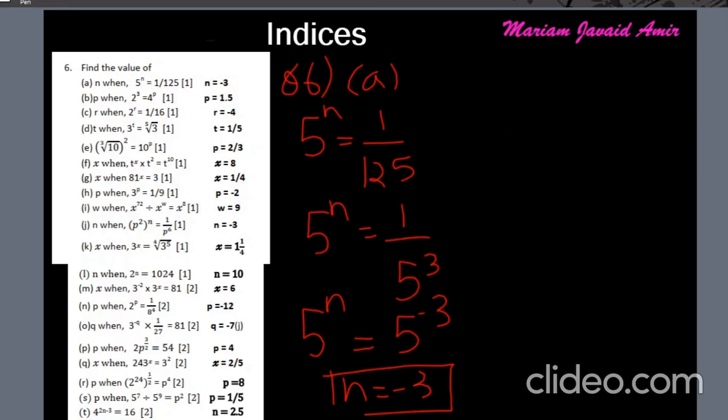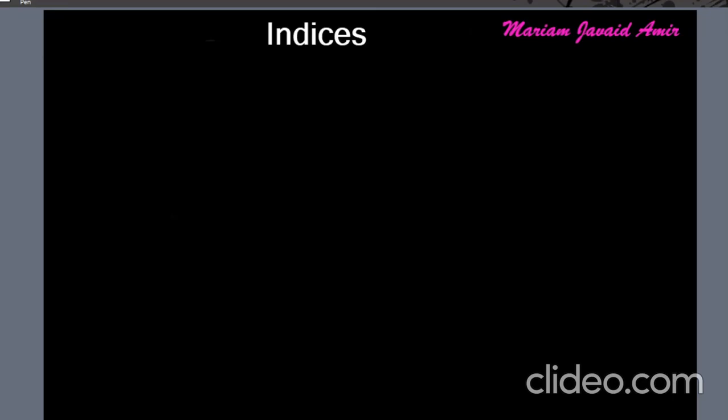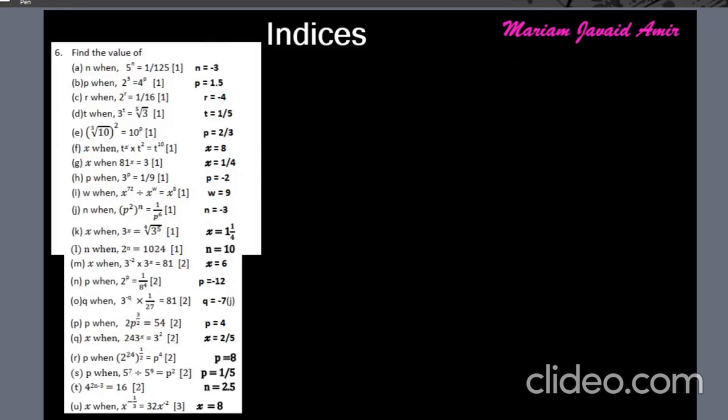Okay, part B. Find p when 2 cube equals 4 power p. Alright, so we need to make the bases the same.